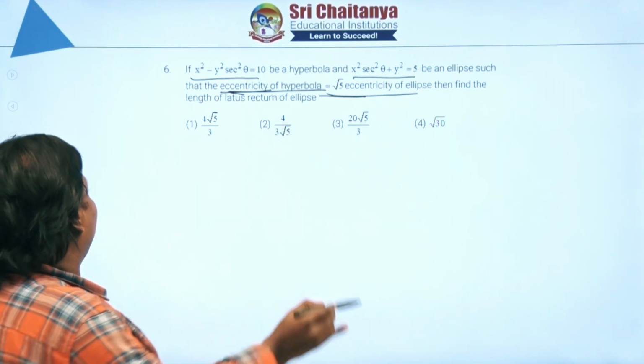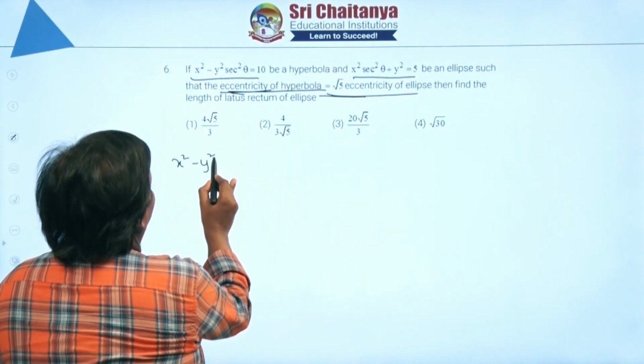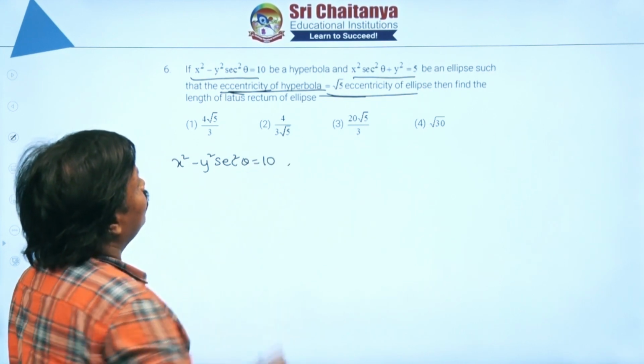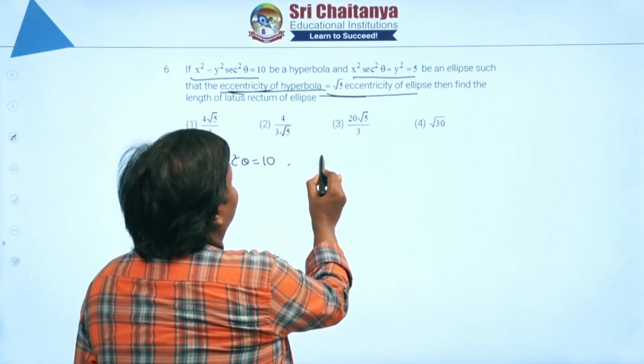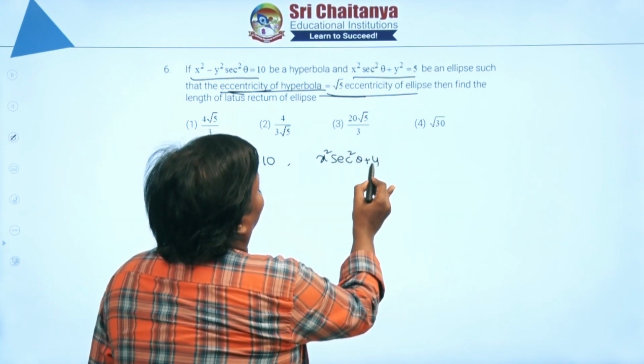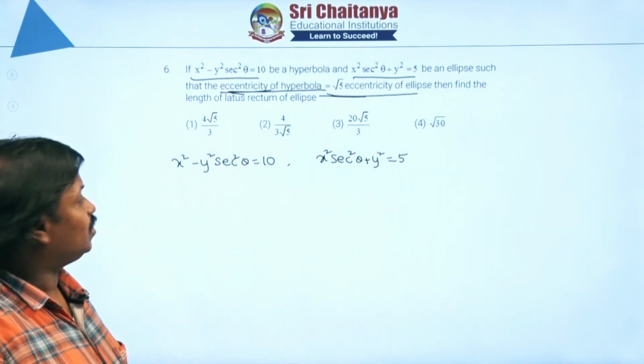See the hyperbola equation: x square minus y square secant square theta equals 10. The ellipse equation is x square secant square theta plus y square equals 5. He gave these two equations.